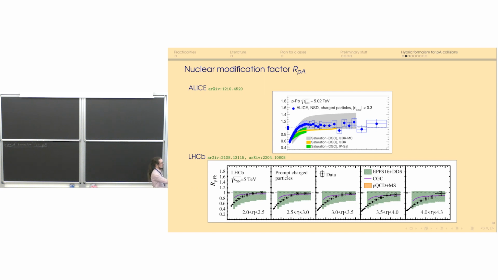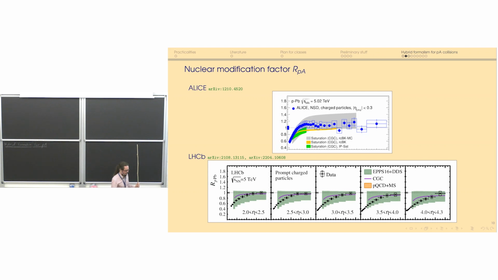There's another curve which is CGC, and what we will be discussing today is how to calculate this CGC curve here. The trend is similar to the data, though not exactly. One can then wonder about what are the details in this calculation that somehow do not work, but we won't go there.